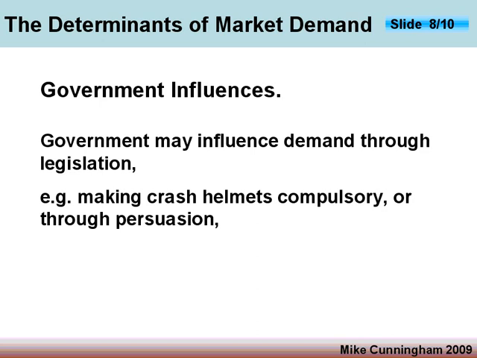So the demand for crash helmets went up because people had to wear one. Sometimes the government tries to persuade us to do certain things. For example, it might try to persuade us not to smoke, those people who do smoke. So the government has got an influence in the market.